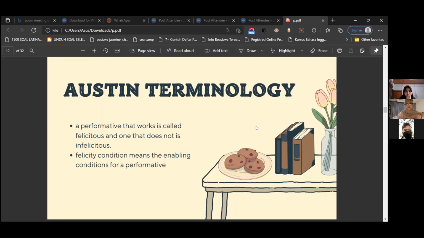Felicitous is when the speech is understandable, and infelicitous is when the speech act is not understandable to our audience. Next slide, please.